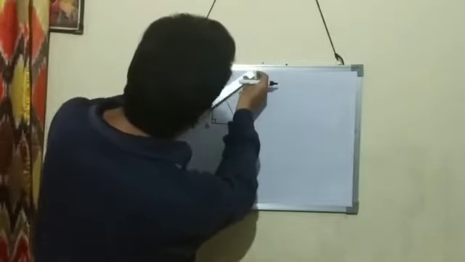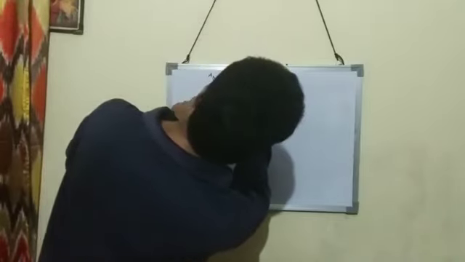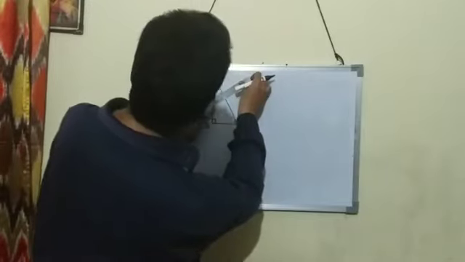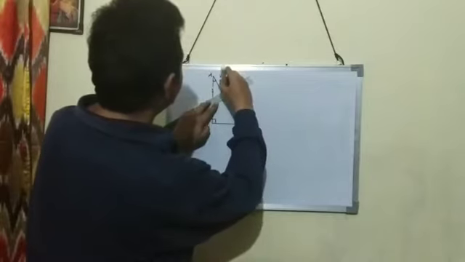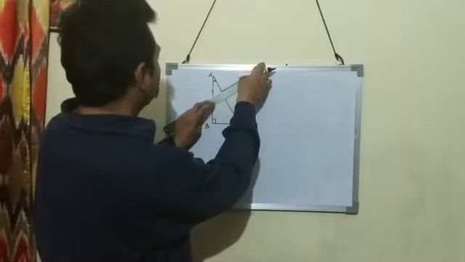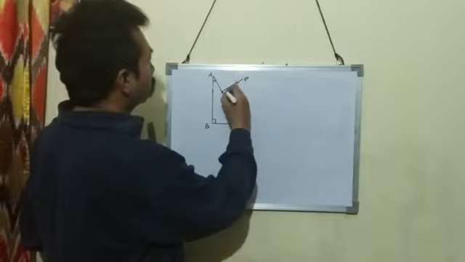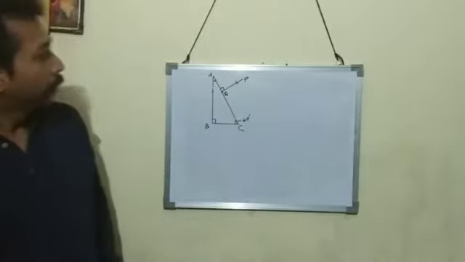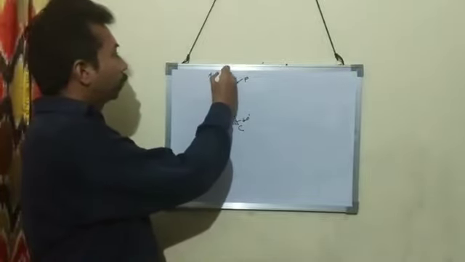The ray of light strikes normally on the hypotenuse. The ray of light is named PQ. PQ strikes normally. Angle A is 30 degree.